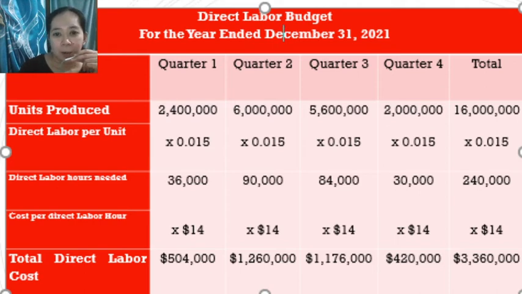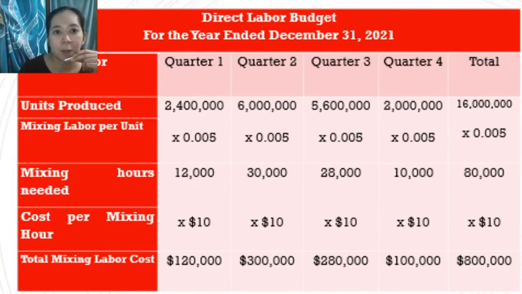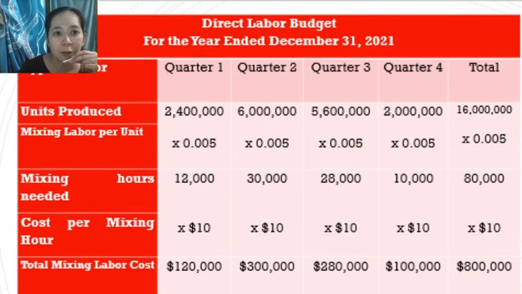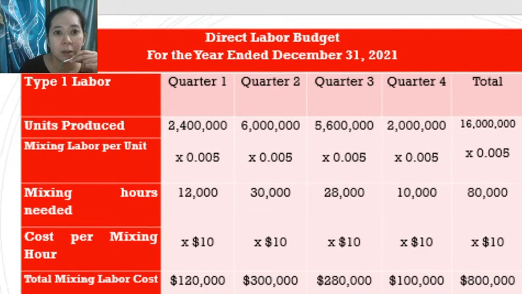Okay, so how about requirement number 2? For requirement number 2, we have two types of labor already. We have the mixing and the mixers and shapers.